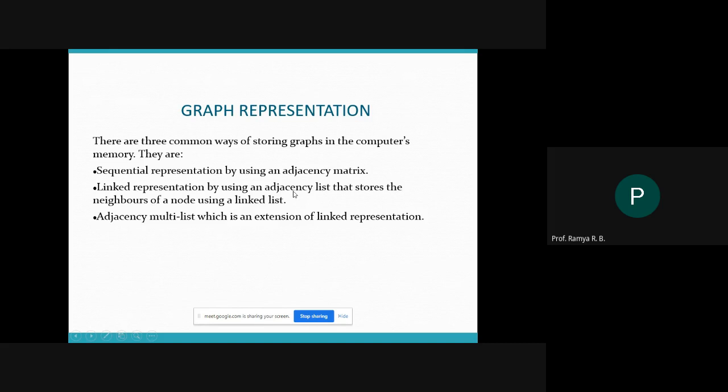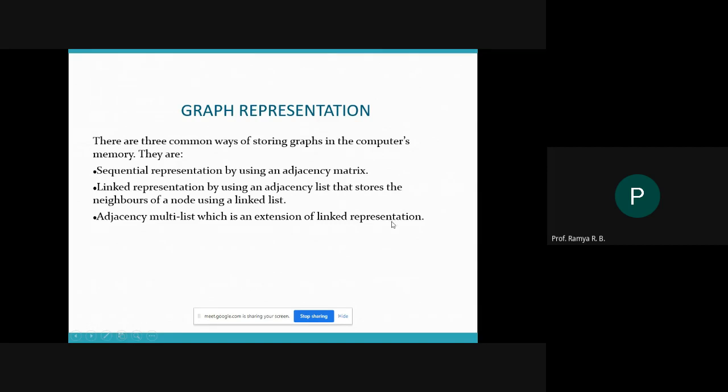So linked representation is also called adjacency list representation, and our array representation is also called adjacency matrix representation. Apart from that, there is also another way to represent graphs, called adjacency multi-list, which is actually an extension of linked representation.